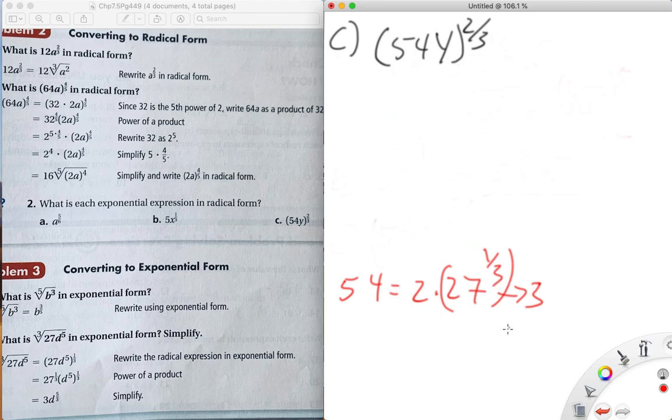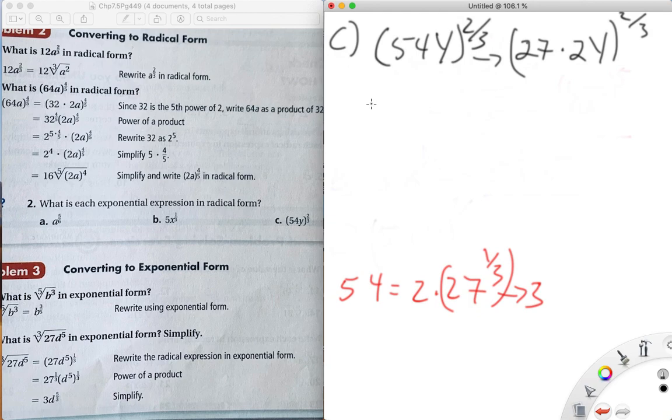So I can rename this to 27 times 2y, and then that whole thing is raised to the 2/3 power. So I can do this in a couple of ways.